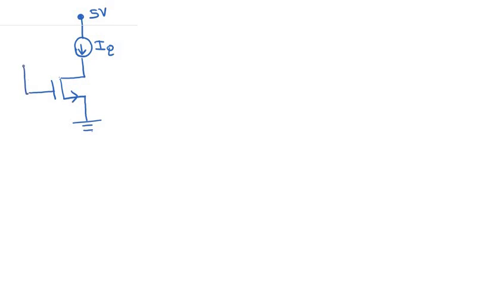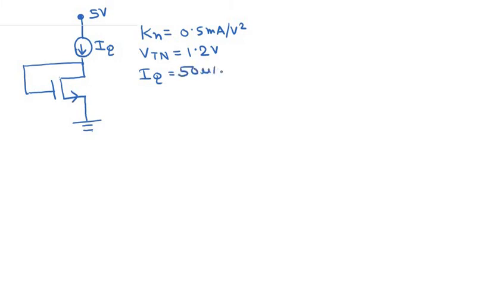So this is the configuration of this MOSFET, and we are given that capital Kn, which is the conductance parameter, is 0.5 milliamperes per volt square, Vtn is equal to 1.2 volts and IQ is equal to 50 microampere.